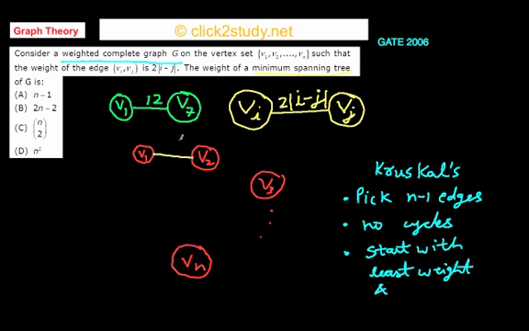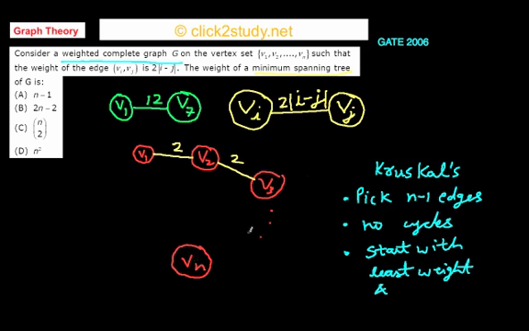The weight of that edge will be 2 times |1 minus 2|, which is 2 times 1, that is 2. Similarly there will be an edge between v2 and v3, with weight 2 times |2 minus 3|, which is again 2. And this way you can go on up till vn.